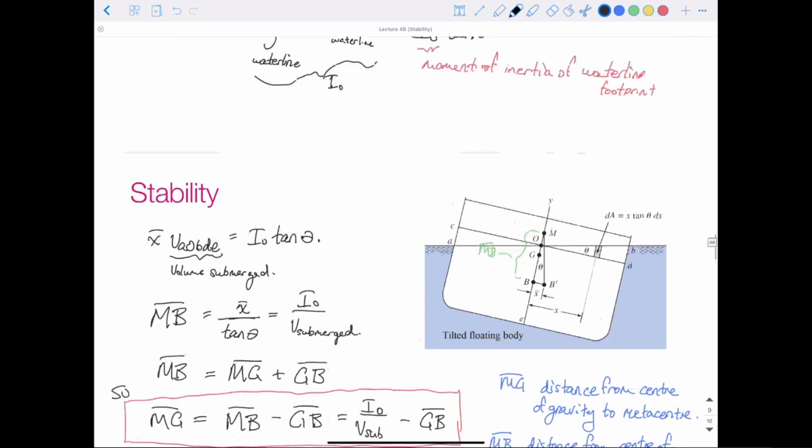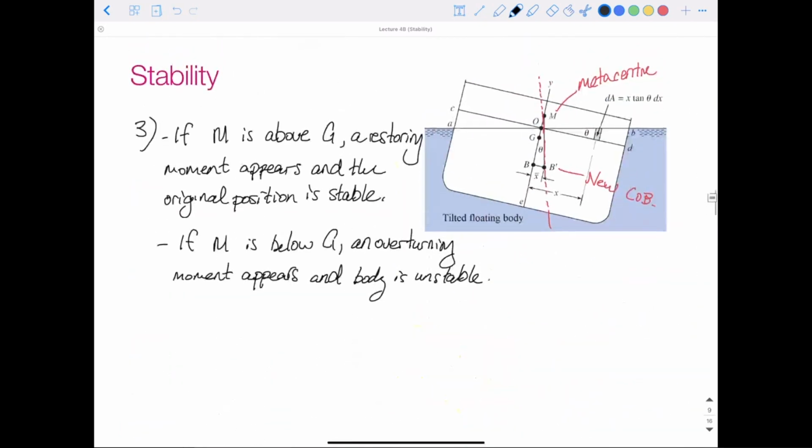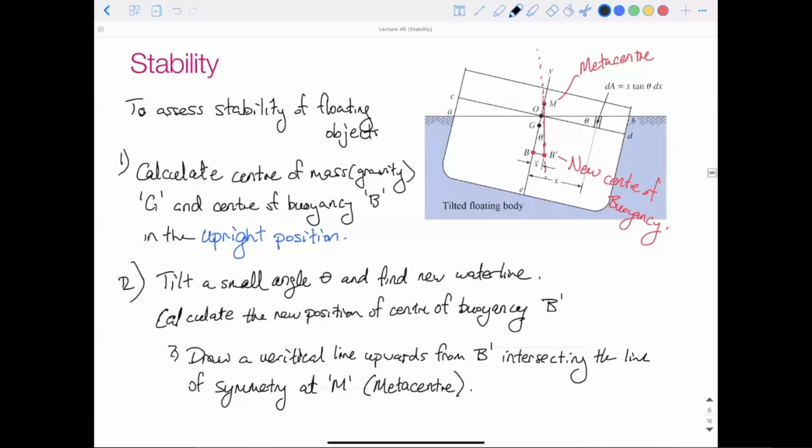Okay, so let's just recap. What we did, we had our system, we had our shape, we calculated the center of mass, we knew where that was, and we calculated the center of buoyancy, and that would be some distance away from the center of mass.